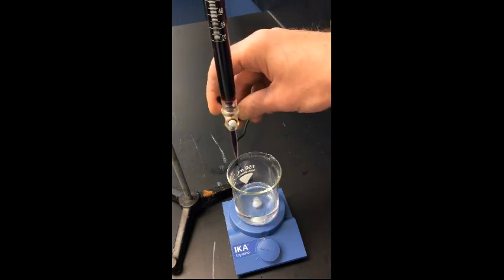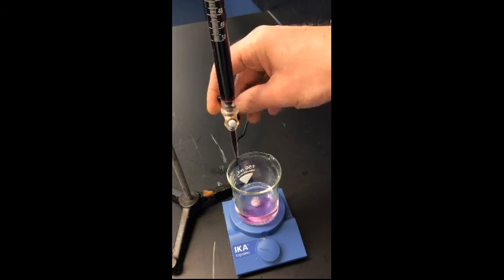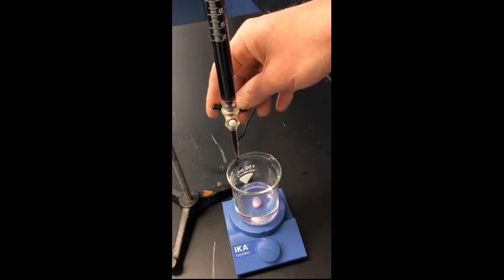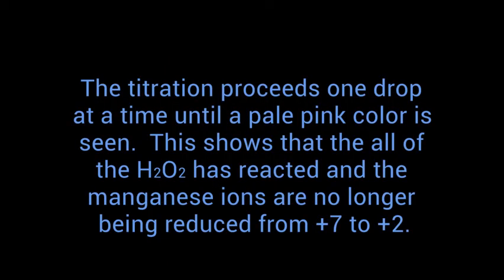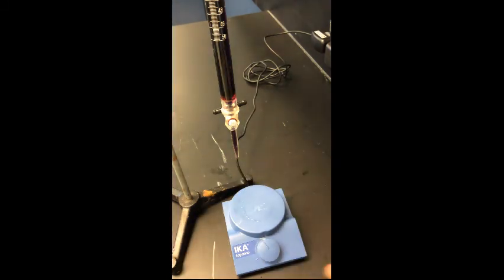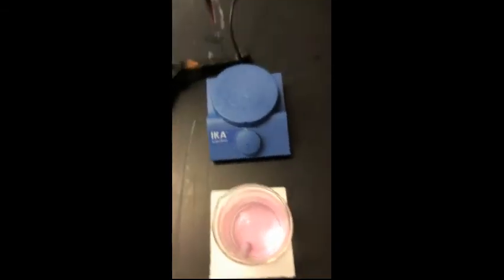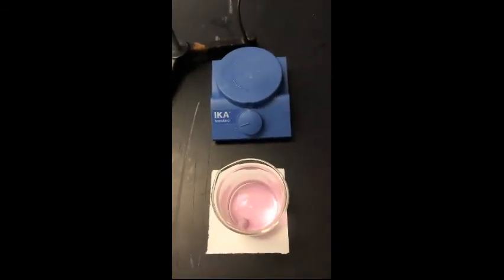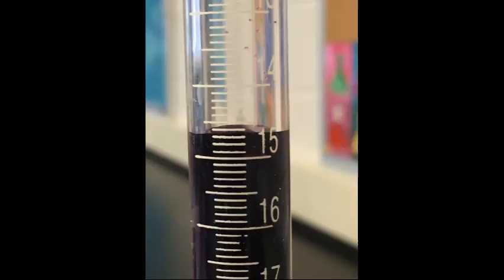I'm going to go ahead and do a little bit more slowly. We'll check the milliliters of potassium permanganate solution that were used, and we'll repeat this for 2 more trials.